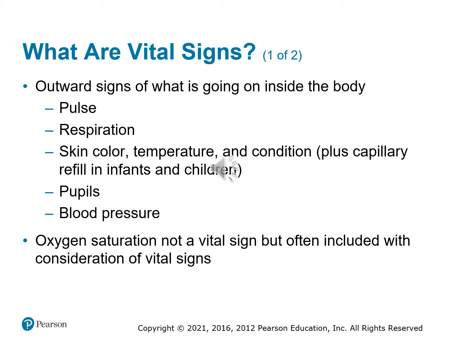Oxygen saturation, which is SpO2, and it'll talk about it later in the chapter, is one of those that's kind of just thrown in there with vital signs. It's not often included with the consideration of the vital signs, but pretty much every ambulance has the ability to measure it, and you're not doing anything negative to the patient by measuring it, so why not just go ahead and measure it?